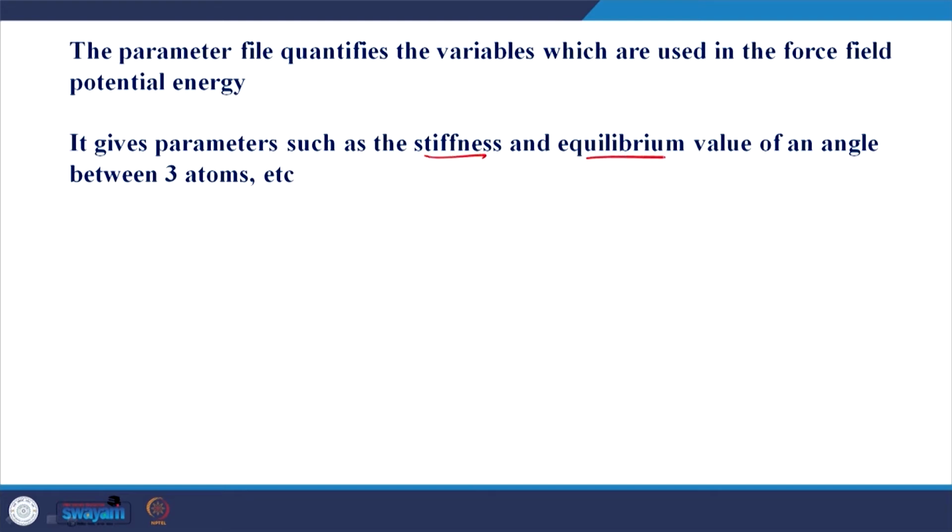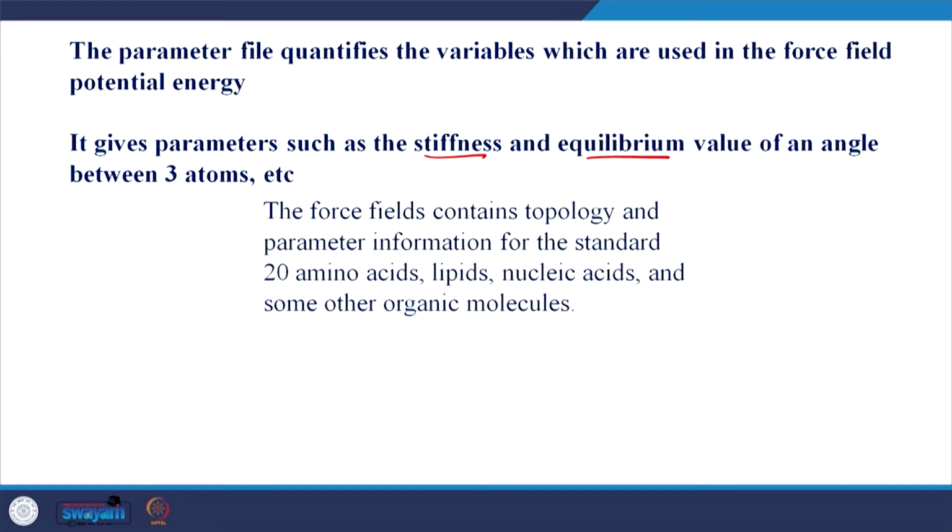Parameter is the stiffness and equilibrium value of an angle between 3 atoms, etc. Now, this would be differentiating the force fields. The force field contains topology and parameter information for the standard 20 amino acids, lipids, nucleic acids and some other organic molecules.